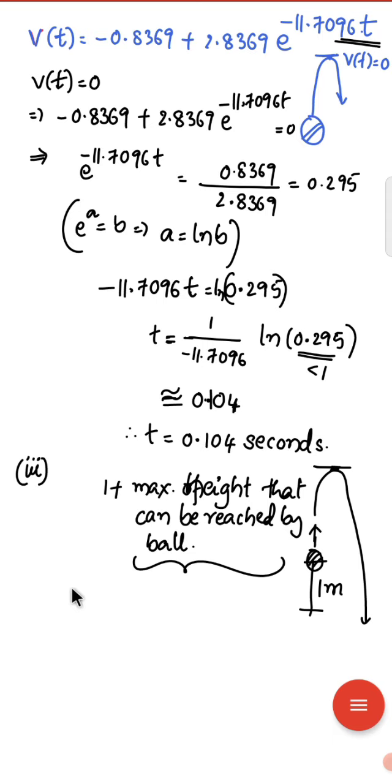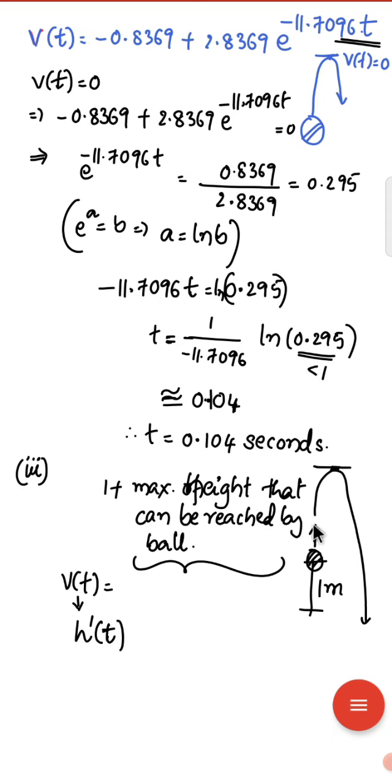Now we know the velocity v of t, the equation of v of t, is minus 0.8369 plus 2.8369 e to the power of minus 11.7096 t. We know that v of t is nothing but the rate of change of the height; the differentiation of the height or distance is called the velocity.